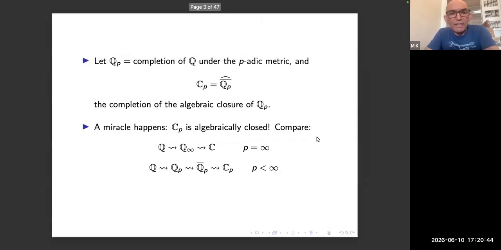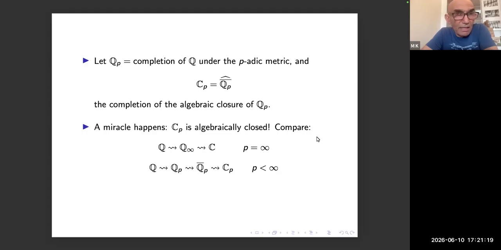Okay, and then we play the same game. You define QP to be the completion of Q under the p-adic metric. And then to get CP, you do the algebraic closure of QP. QP is not algebraically closed, but in this case, you have to add infinitely many new roots to QP to close it algebraically.